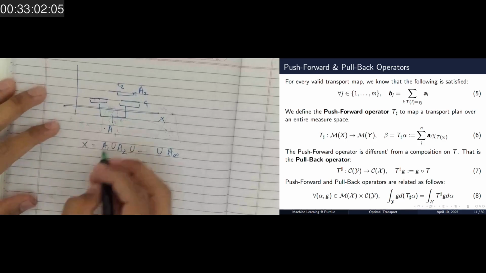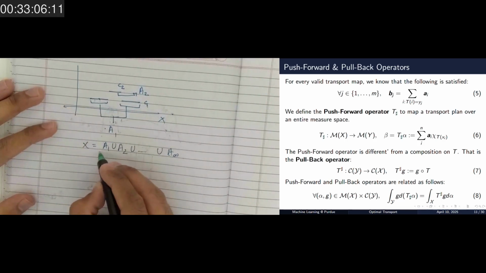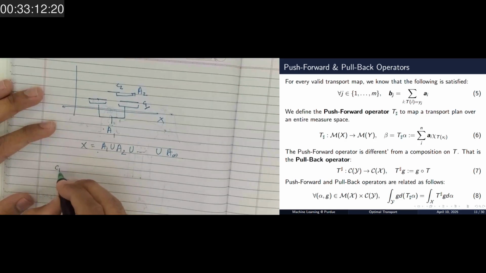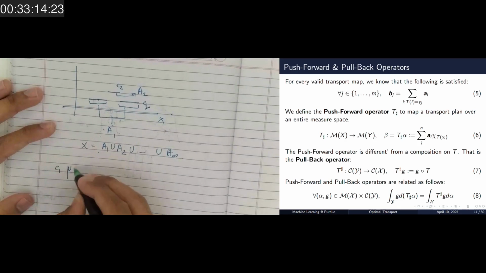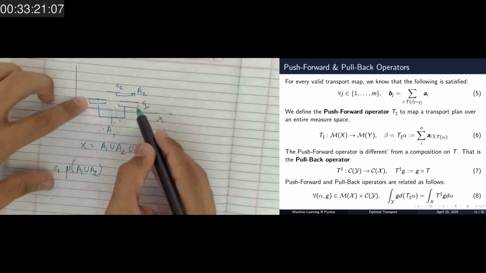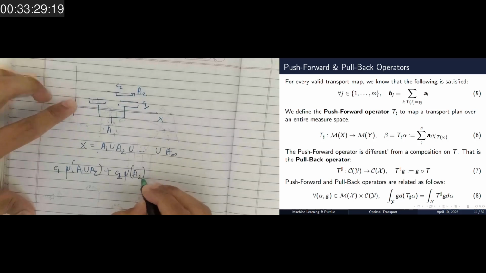Now we can compute the integral of this function, that is effectively just the volume that you give to all of the sets that have the same value c1. So I will do c1 times a measure of a1 union a2, because that is where c1 is contained, and add that with c2's value times a measure of a2.